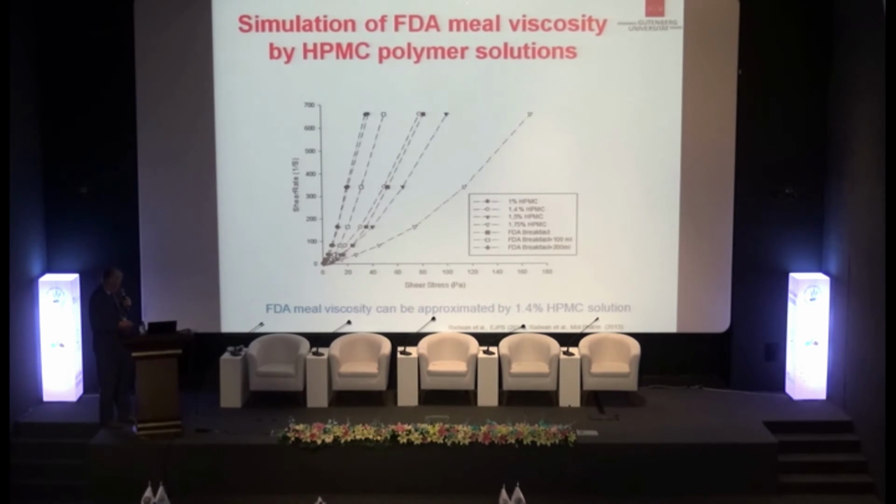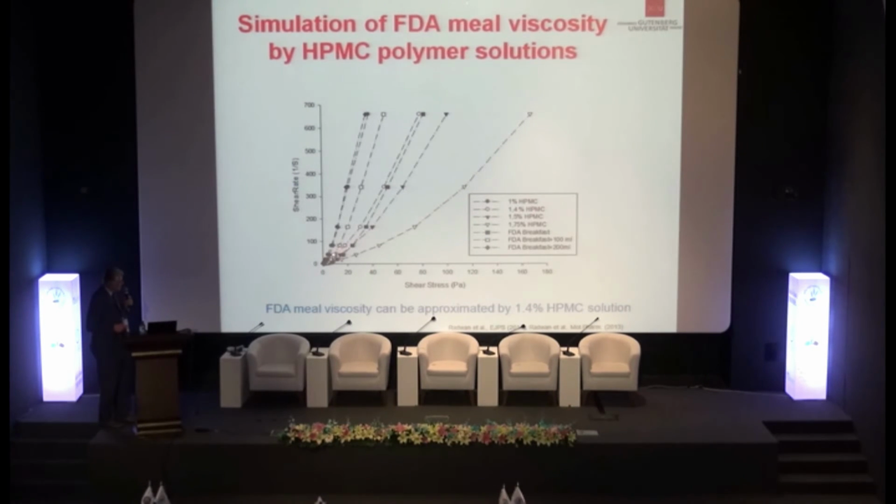To make the story a bit condensed, here's the rheogram. You see the shear rate versus the shear stress. This is the rheogram of the US FDA meal containing the milk component. And this came close, at least in these higher shear stress conditions, to a 1.4% HPMC solution.